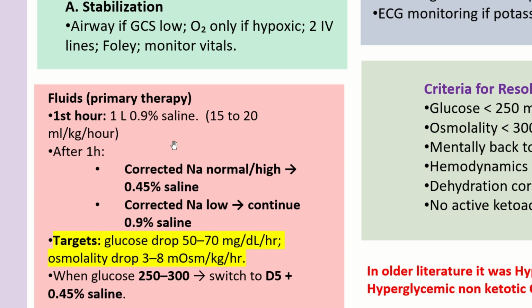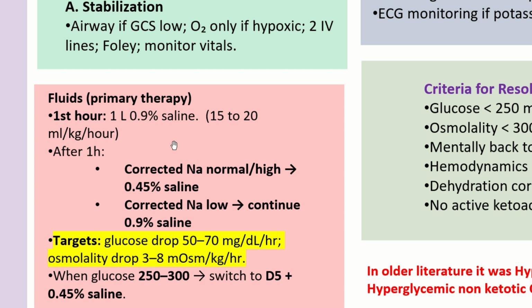After 1 hour, you're going to look at the sodium and calculate the corrected sodium. If the corrected sodium is high, you want to give half-strength saline, that is 0.45% saline. If the corrected sodium is low, you want to continue with 0.9% saline.